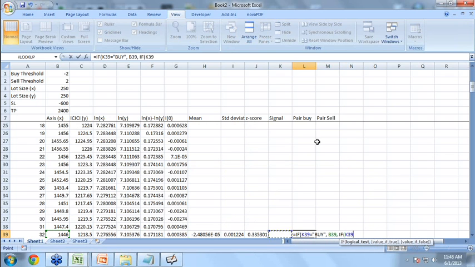Similarly, if K39 is equal to sell, then I'm buying at this price, right? In fact, since there are only two possibilities, buy or sell, we do not really need to put this if, but anyways, we have just placed it.